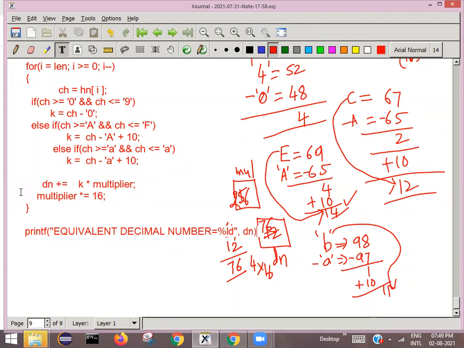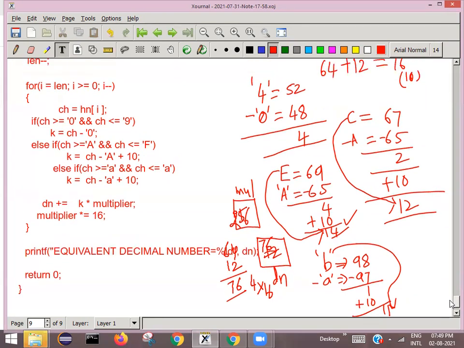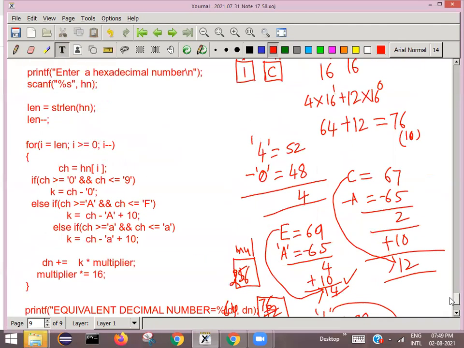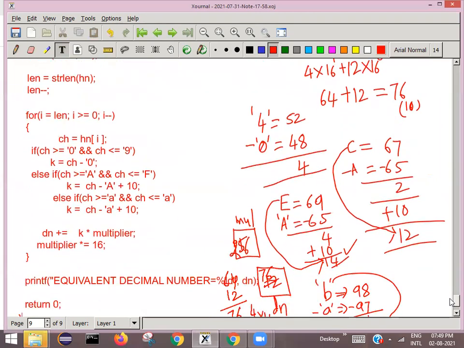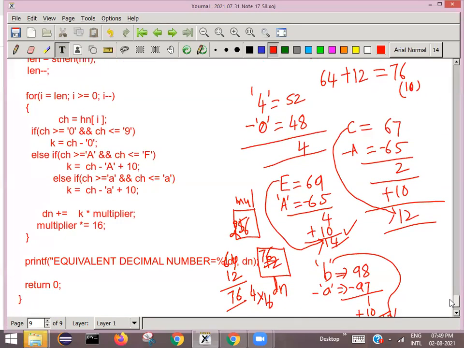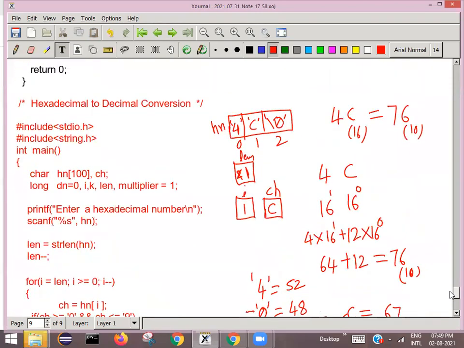Okay, so close it, then say return 0. That's it. Then close the main function. Okay, so this is hexadecimal to decimal conversion.